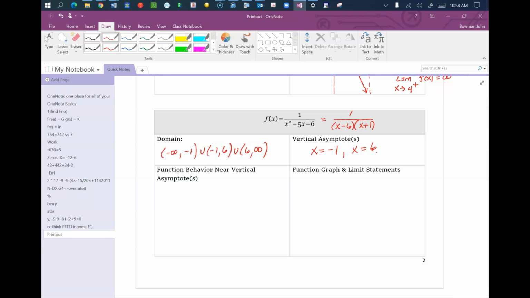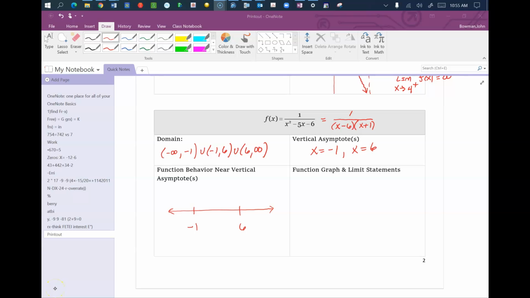Now we want to see the behavior near the vertical asymptotes. So we're going to make another one of our sign charts, except now we have two different vertical asymptotes. One at -1 and another one at +6.